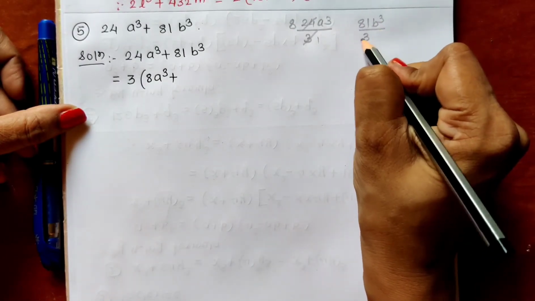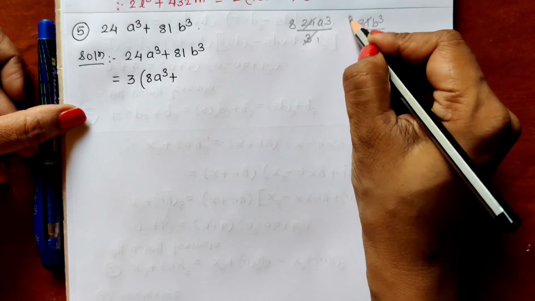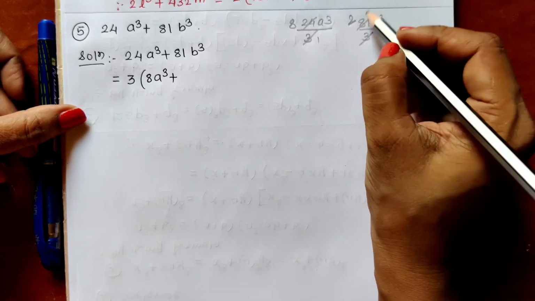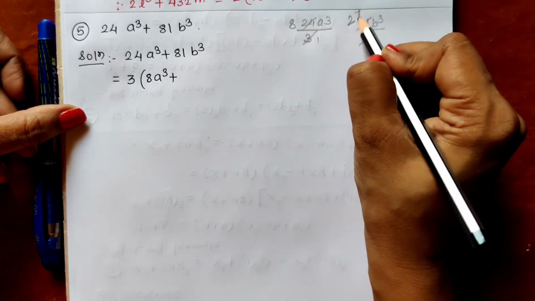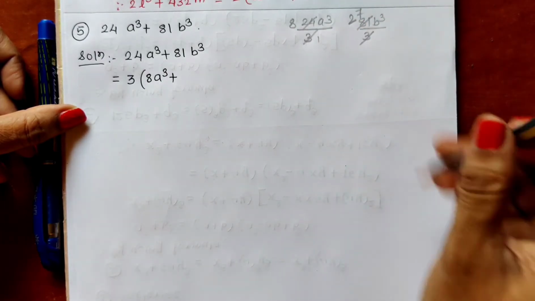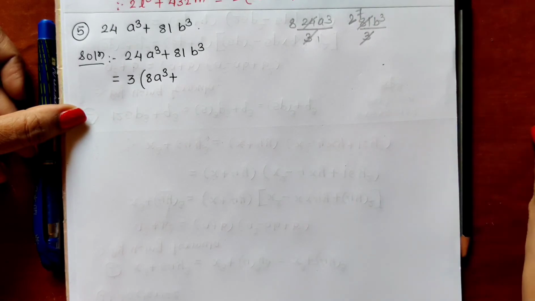divided by 3. 3 2s are 6, 2 remaining, this one is 21. 3 7s are 21. So we are getting 27b cube.